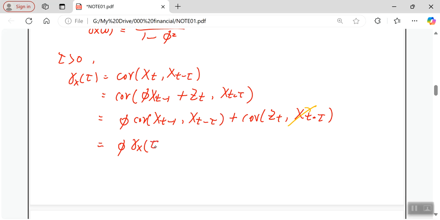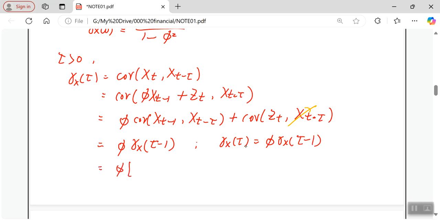From this relationship, you can see a recursive relationship: phi gamma x tau is actually related to its previous covariance in the form of lag of 1. So in this case, you can further expand this value.